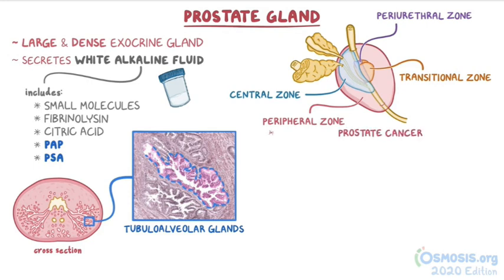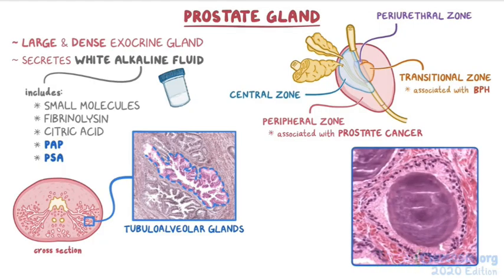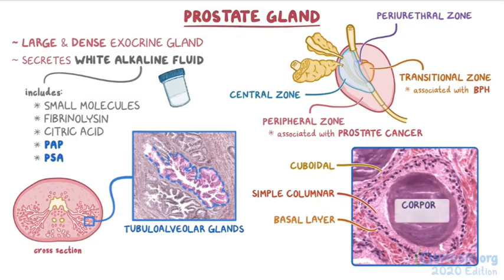Prostate cancer is most closely associated with the peripheral zone, and BPH is typically associated with the transitional zone. Each zone has glandular epithelium that consists mostly of simple columnar or cuboidal cells, and a basal layer of stem cells that rest on the basement membrane. Older individuals have an increased number of corpora amylacea, which are hyaline spherical masses within some alveoli that may partially calcify over time.